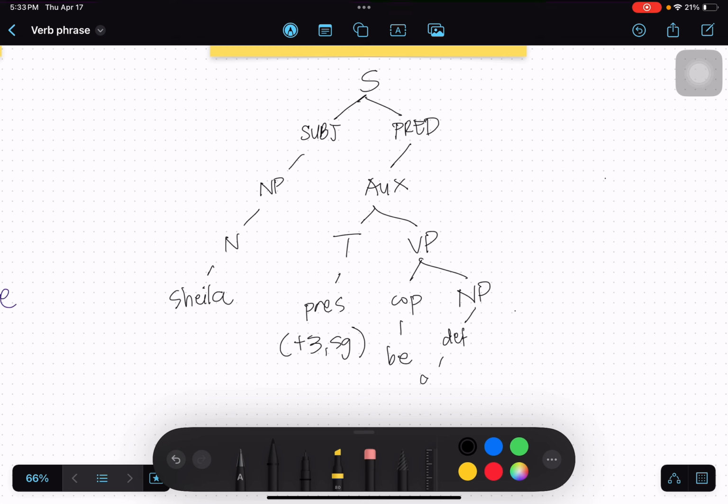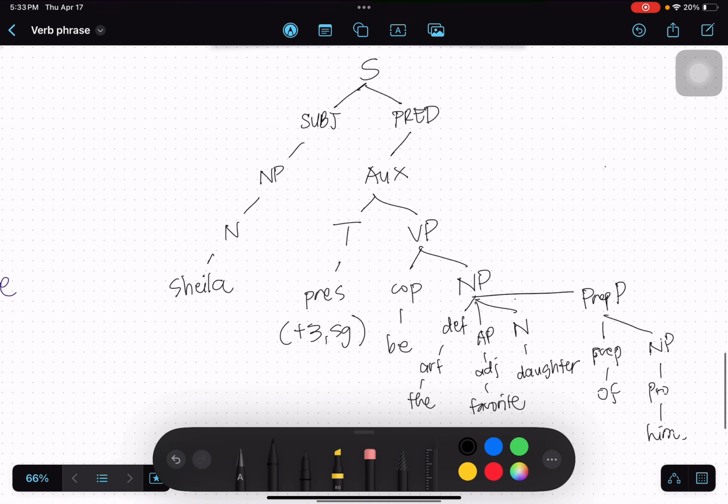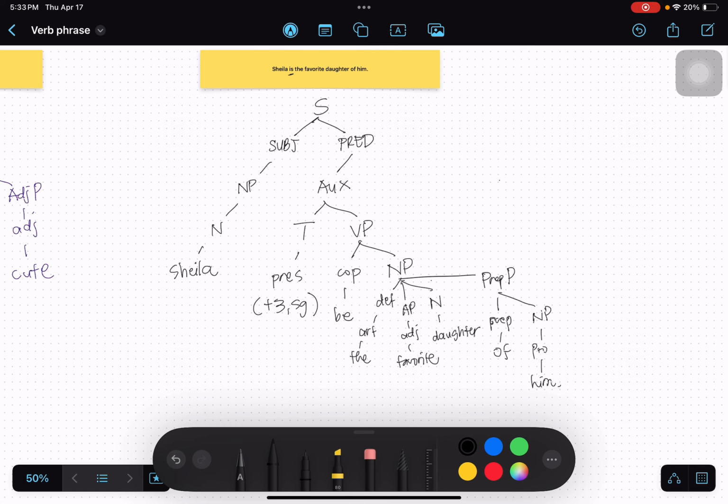Det, art, the, AP, adjective, favorite, and noun, daughter, prepositional phrase, prep, of, NP, pronoun, him. Okay? So, that's how it is. "She is the favorite daughter of him."